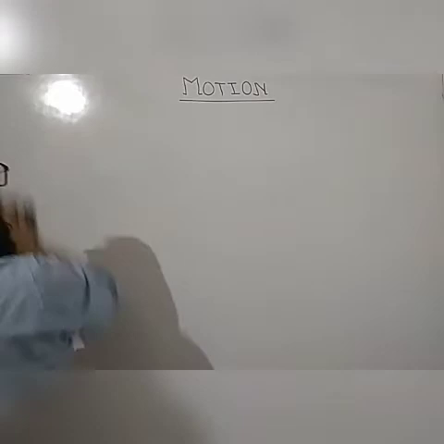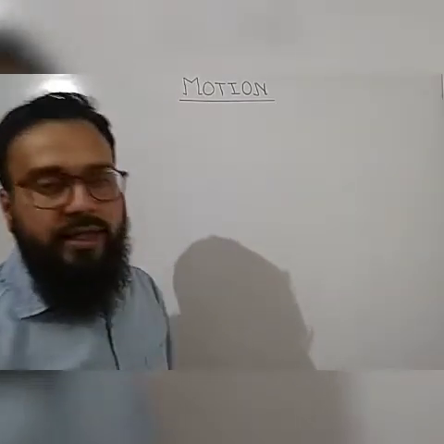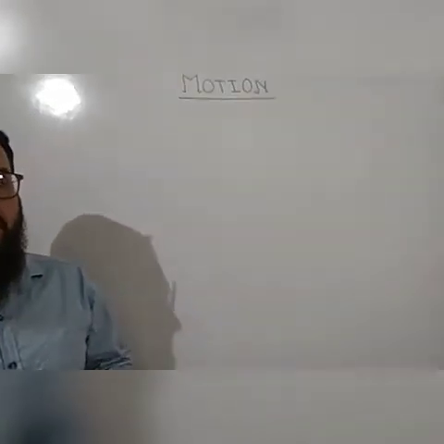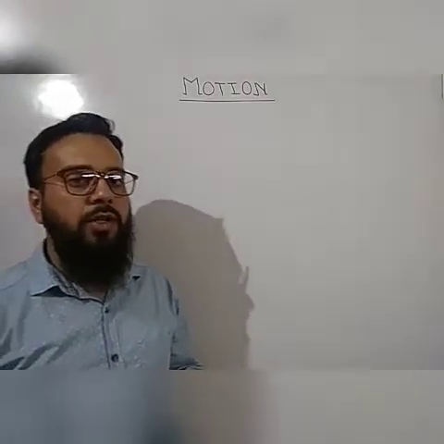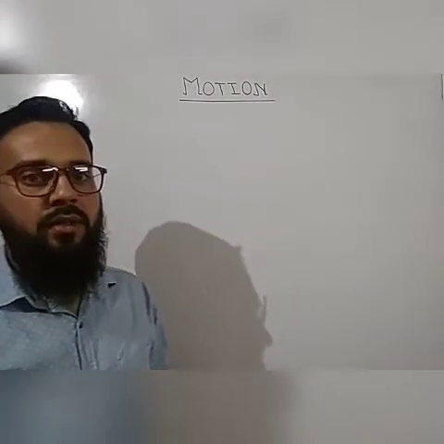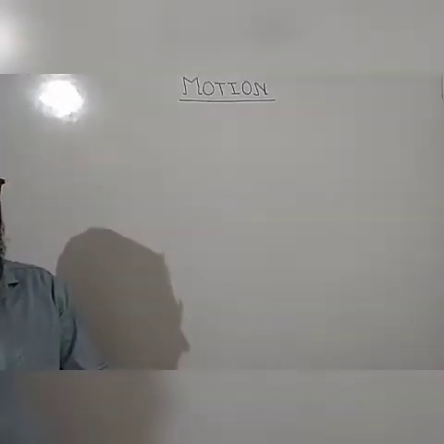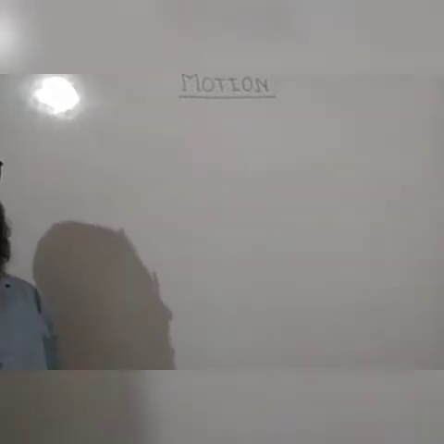We have studied all the terms related to motion, that is distance, displacement, speed, velocity and acceleration, and we have also studied their types: uniform, non-uniform, average and instantaneous. Now we are going to classify the motion into different types, and which type of motion we have to study in our syllabus, that we are going to start. So the main chapter of motion is going to start now.